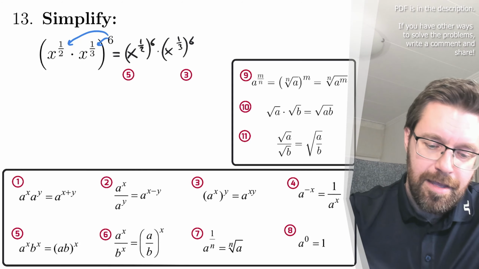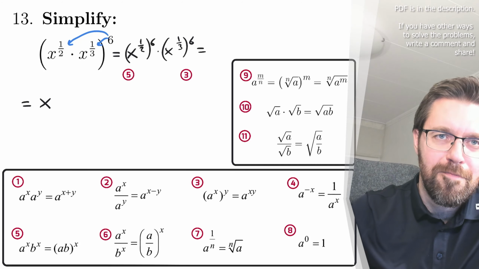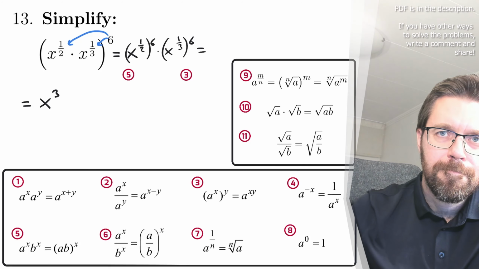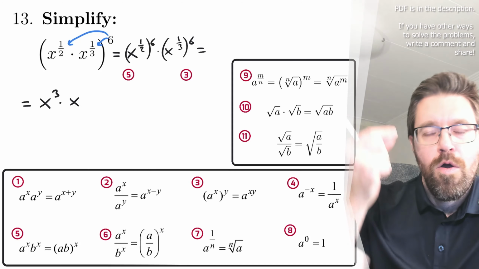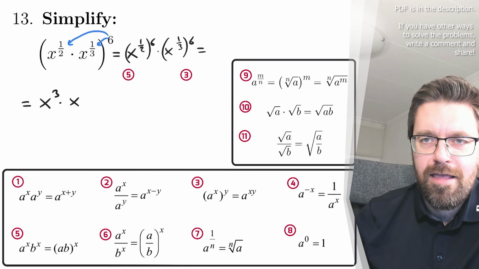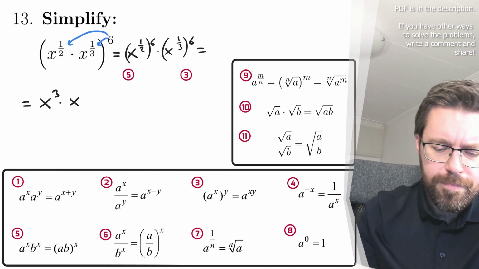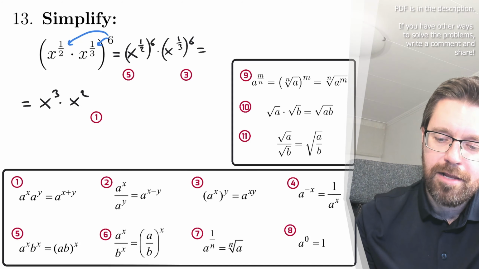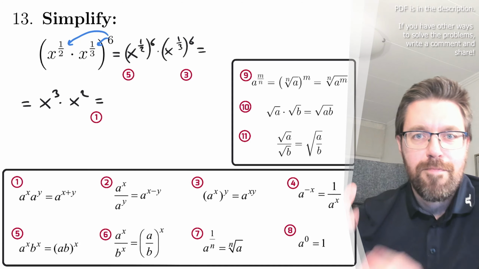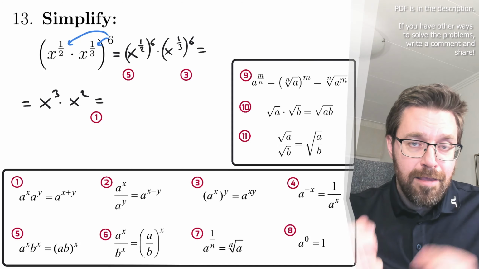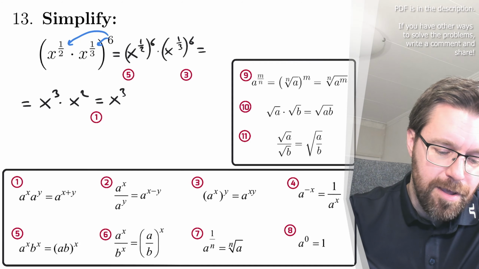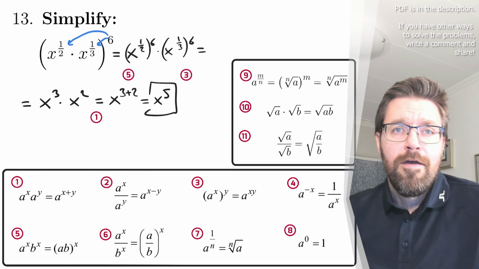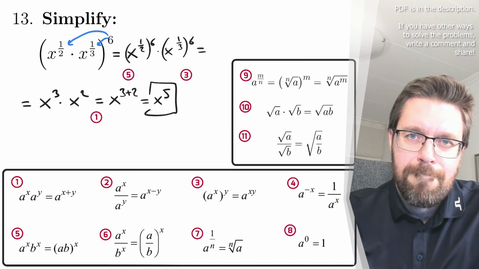Then it will be x raised to 1/2 multiplied with 6, which equals 3, times x raised to 1 over 3 times 6, which equals 6 divided by 3, which equals 2. And then use rule number 1 to multiply these powers with each other. Then we're adding the exponents, so x raised to 3 plus 2 equals x raised to 5. So it works from inside and out, or from outside and in.